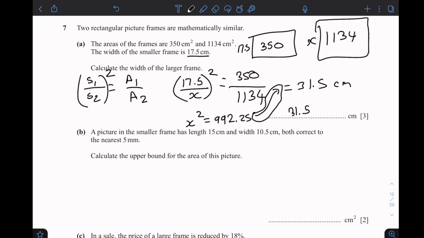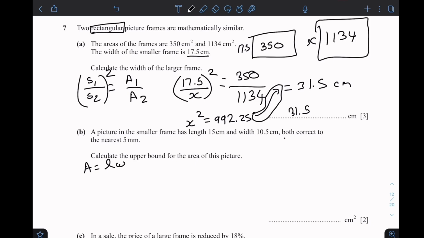A picture in the small frame has length 15 centimeters and width 10.5 centimeters, both correct to the nearest 5 millimeters. Calculate the upper bound of the area of this picture. We know the shape is a rectangle, so area is equal to length into width.